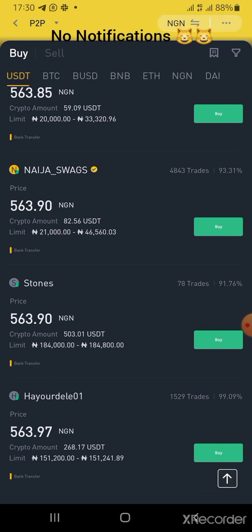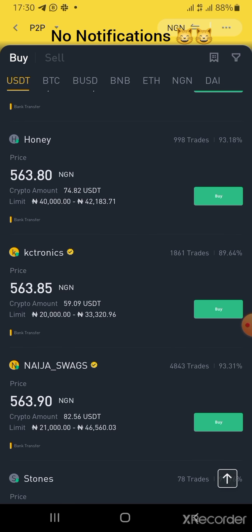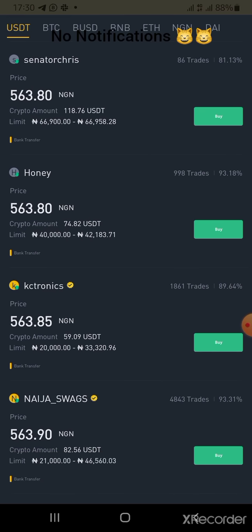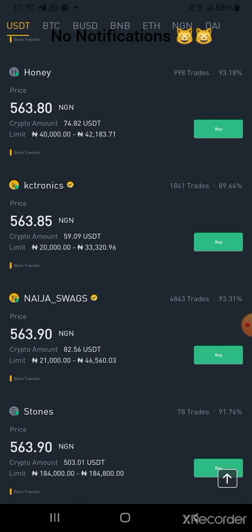Now, if you want to buy, for example, you want to trade with Ninja Swags, he's saying he's going to sell 1 USDT to you at the rate of 563 naira 69 kobo to $1.